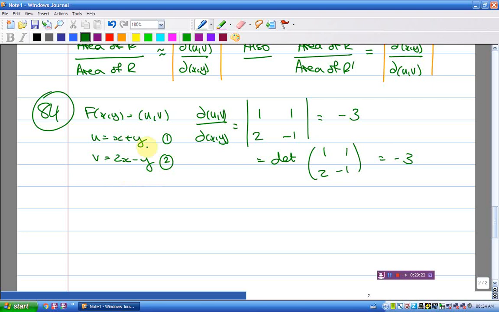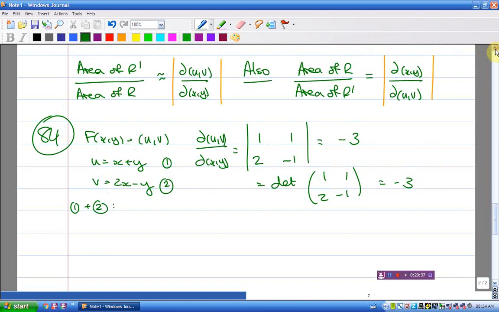Okay, I'm going to do a little bit of simultaneous equation-y type of things there to make x and y the subject of the equations. Question? Yes? A bit further up, you said the area of R dash is equal to the absolute value of the curly D UV.